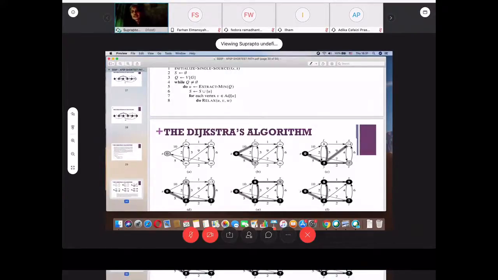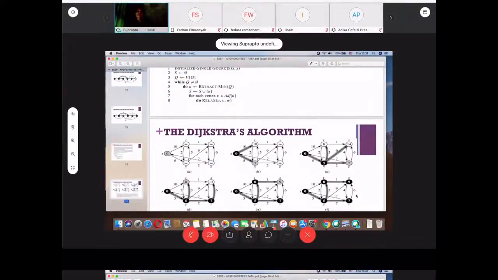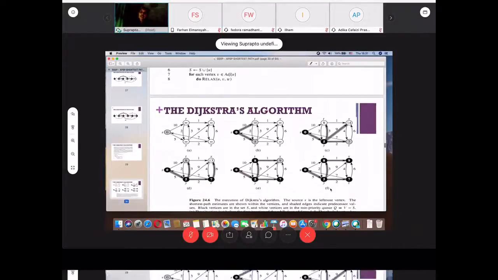So this is the chosen path, and we have a similar case for the others, and this is the final result of the Dijkstra algorithm.